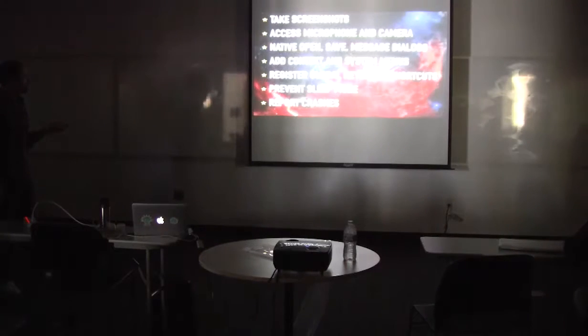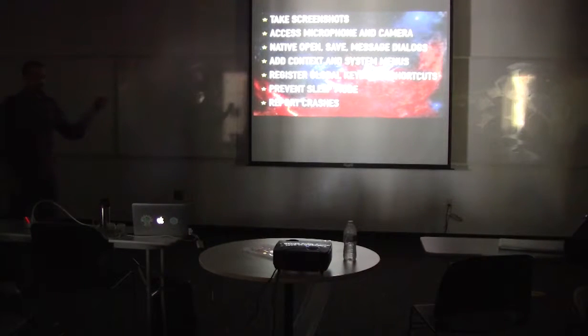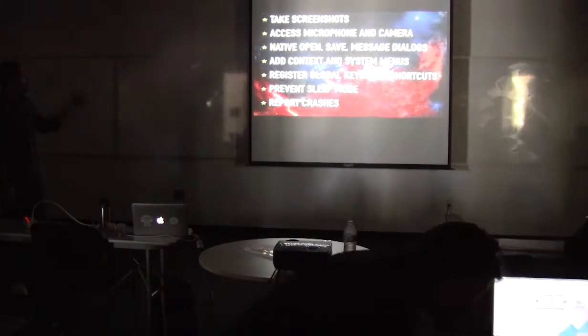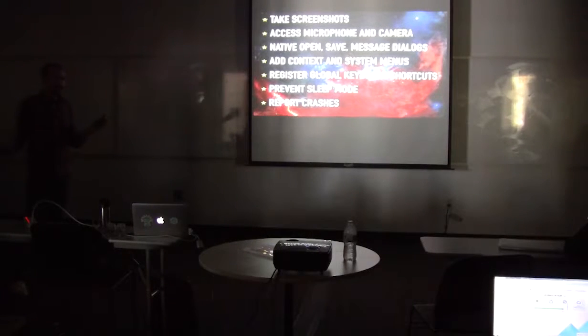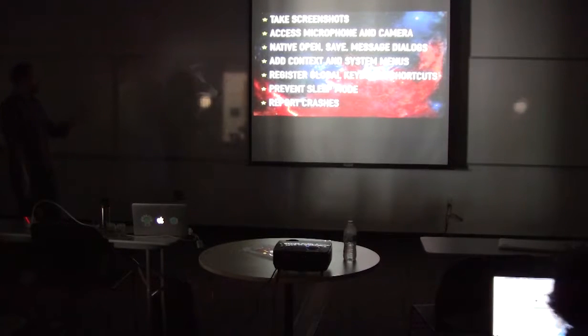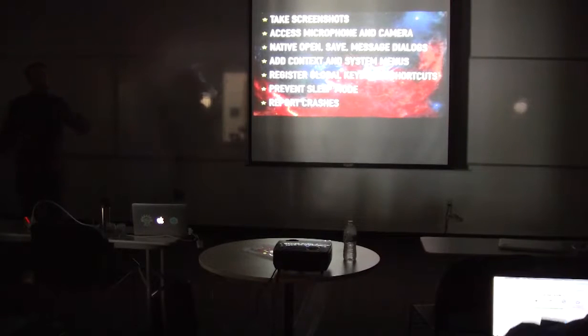Some of the other APIs that you'll probably want to use to make your app feel native: one is you can take screenshots. Another is that you can access the microphone and camera without prompting the user. Typically your browser runs in a sandbox, and you have to ask the user, can I know your location? Can I access your camera? Can I access your microphone? Because Electron's a desktop app, we enable all those APIs for you without prompting the user.